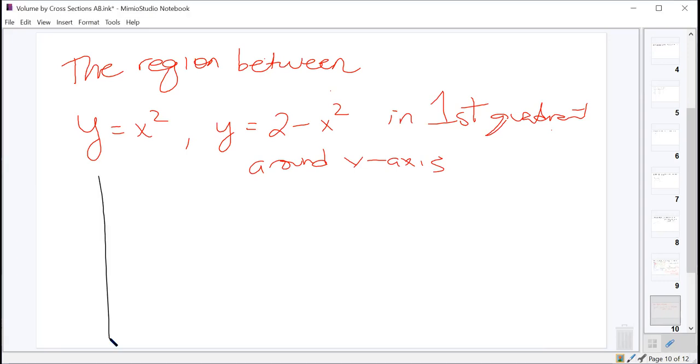Let's sketch a graph. There's y equals x squared. There's 2 minus x squared. And we're taking the region in the first quadrant and revolving it around the x-axis.